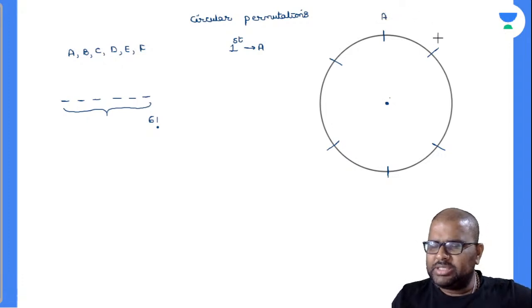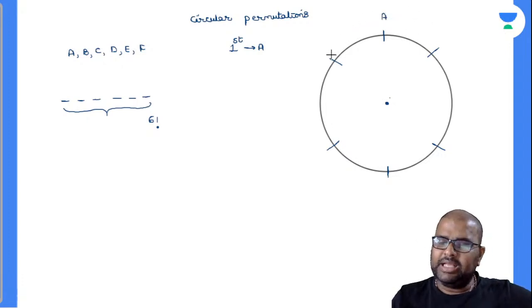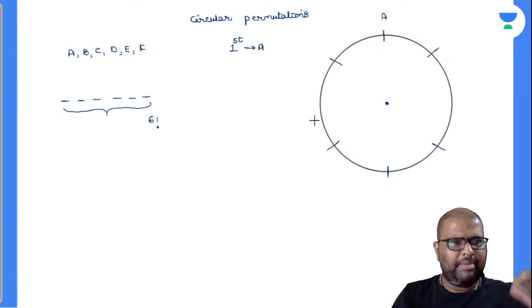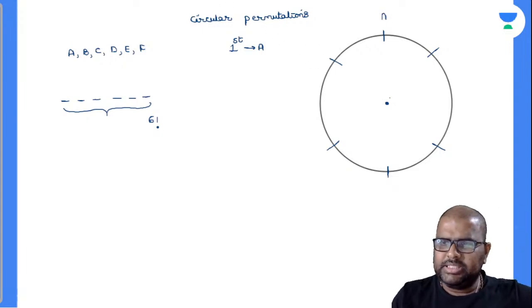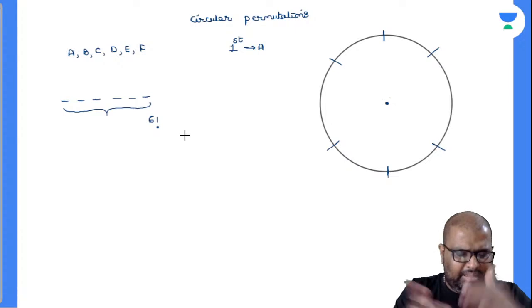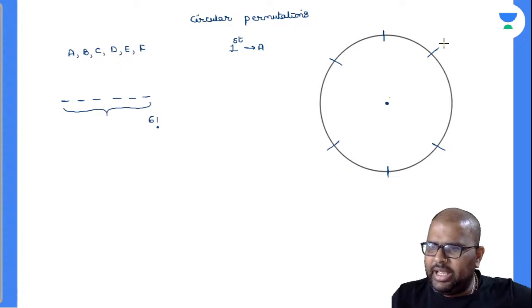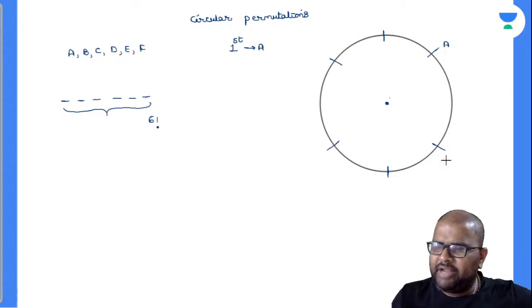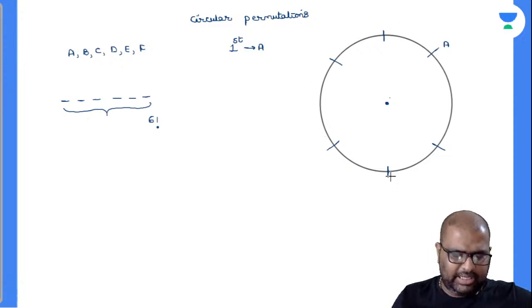Immediate left 1, immediate right 1, opposite 3. There is no change. If I write A here, again the same thing: immediate left 1, immediate right 1, opposite 3 persons.